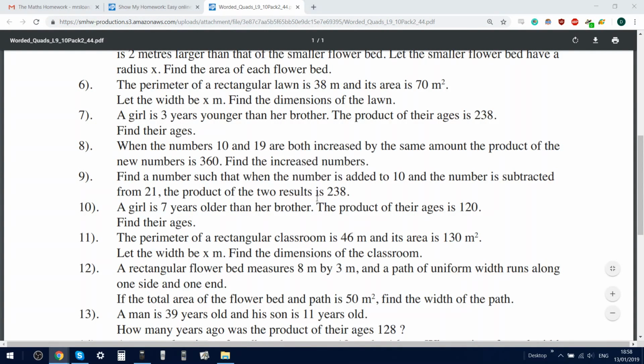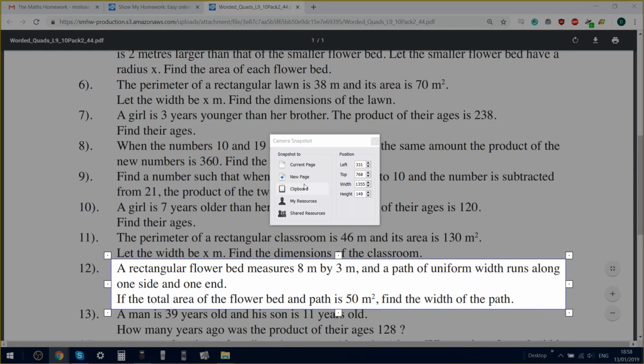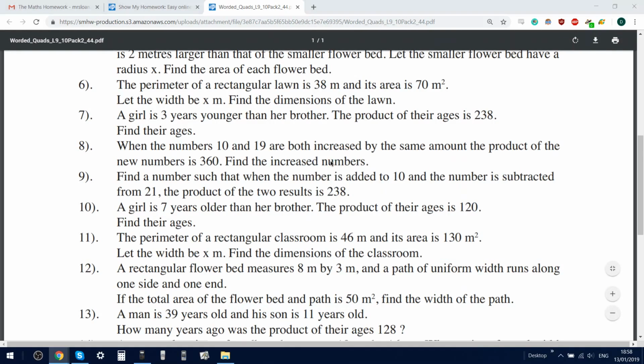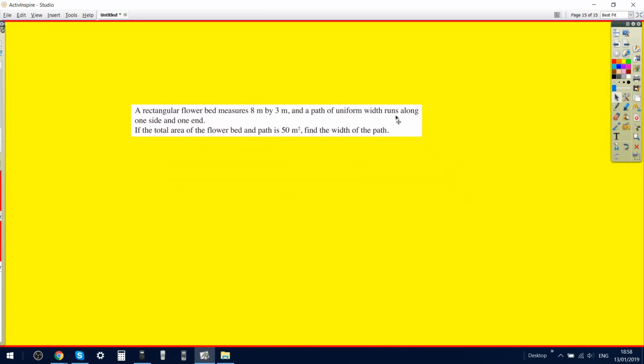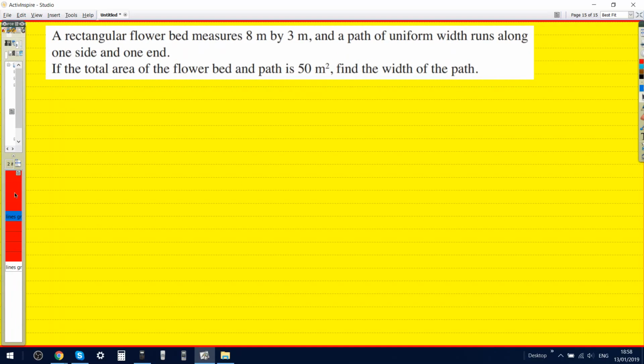Question 12: a rectangular flower bed measures 8 meters by 3 meters.